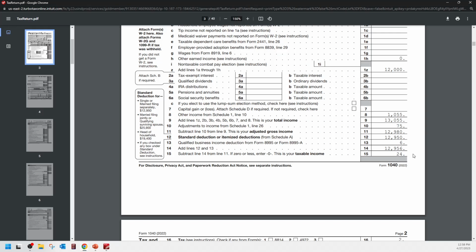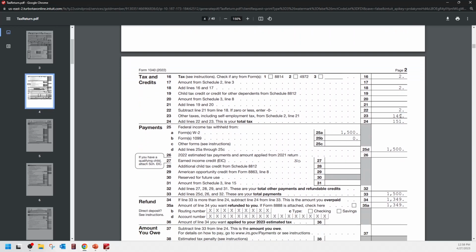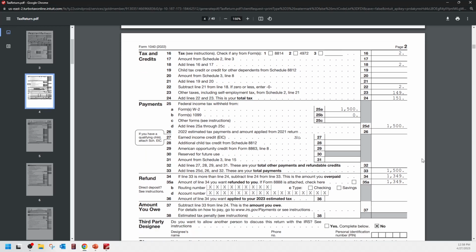So that's why the self-employment tax, again, not a sizable number, is certainly much more than his actual federal income tax liability, right? So $2 plus the 149 is 151 in total taxes owed.